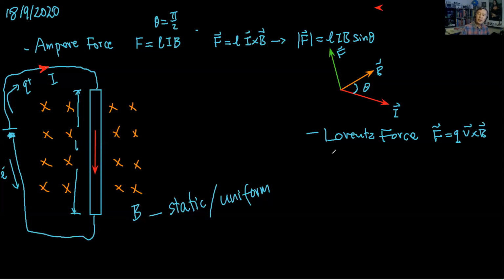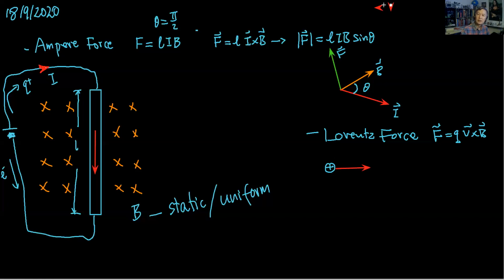Yes. So if you have a positive charge in space, and the charge moves at a certain velocity, say this way, and the magnetic field is inward, we just consider a similar scenario.